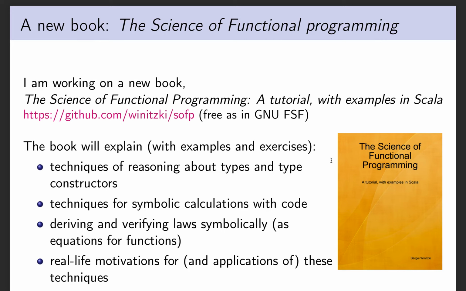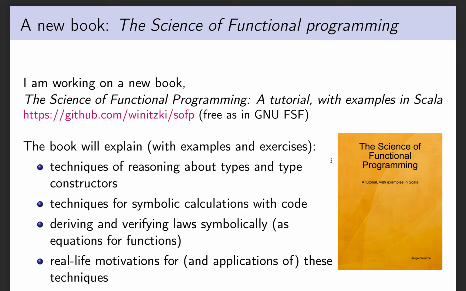But no, actually what I want is to explain with examples and details and exercises which are doable, and not like, oh, derive something I'm too lazy to derive as an exercise. No, that kind of thing is not an exercise. I want to do actual exercises that are doable to show what techniques we have for reasoning about types in code.